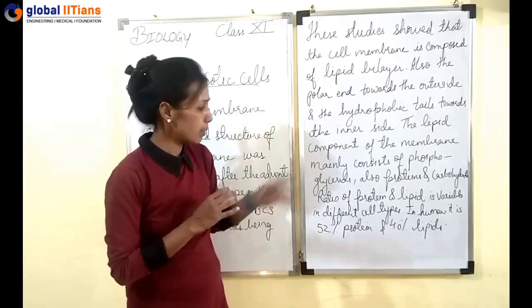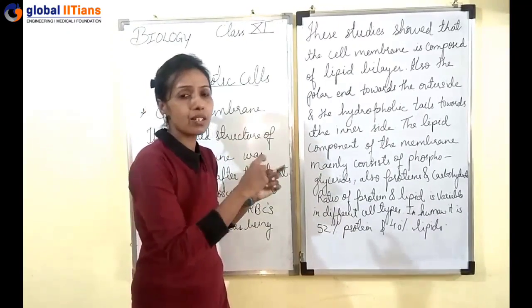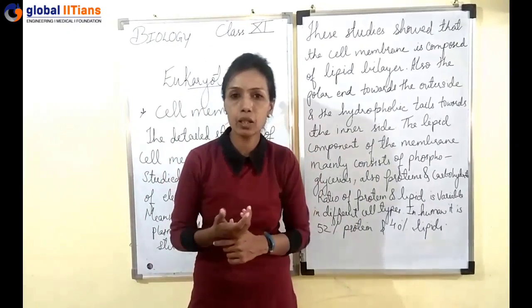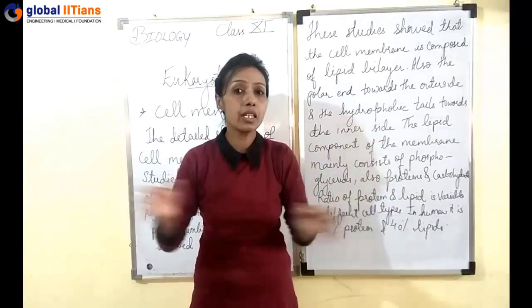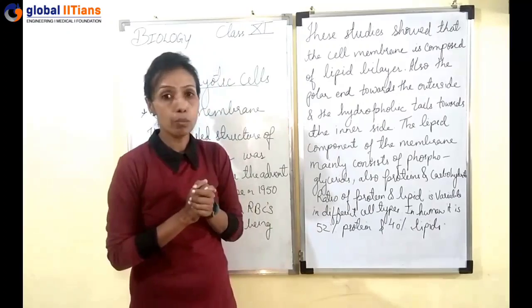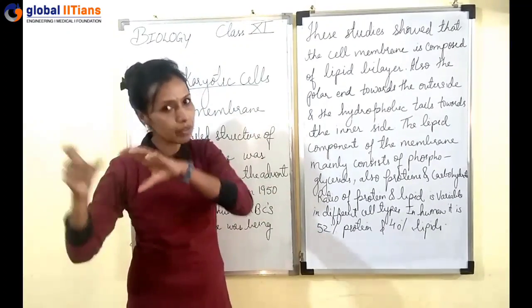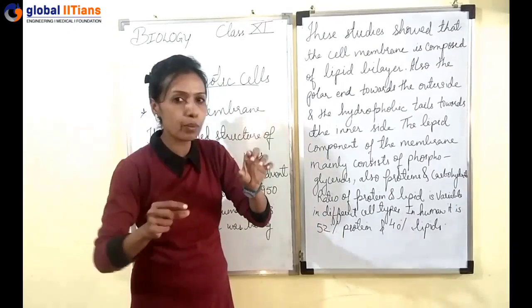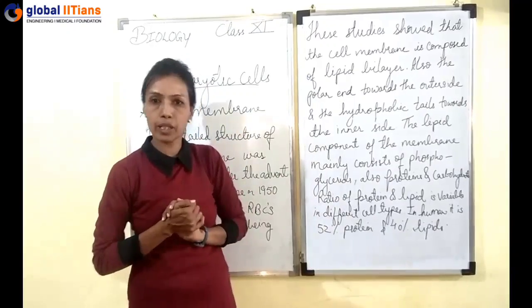We'll now share the image of a cell membrane, and how this cell membrane structure was later studied in detail in the fluid mosaic model. So this can again be asked in your board exams. I'll share with you the picture of a cell membrane, and in that we'll study how all these components lie at various places and their individual functions.